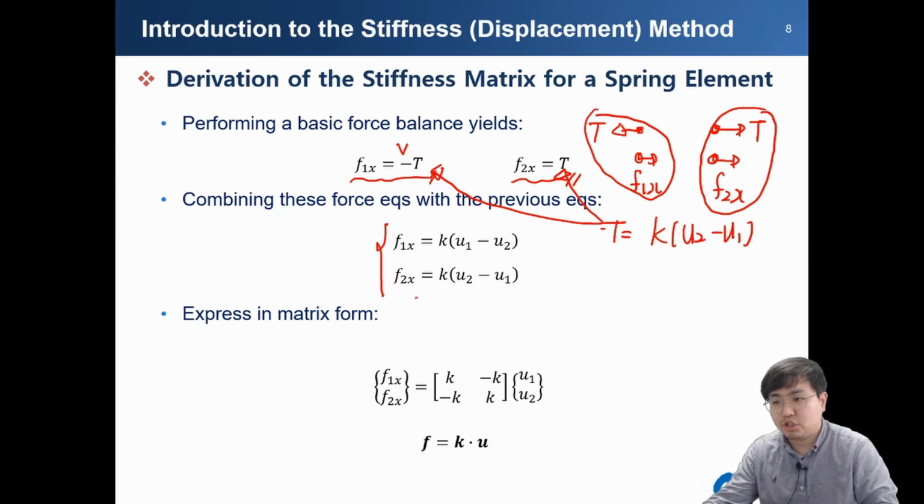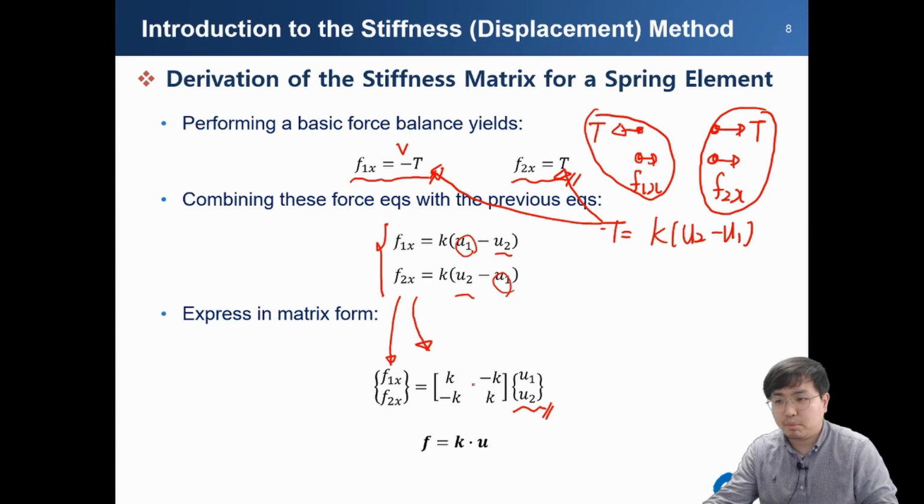We can easily change these two linear algebra equations into the matrix form. In here, U1 and U2 can be combined into the displacement vector form, and the left-hand side can easily be transformed into the vector form.